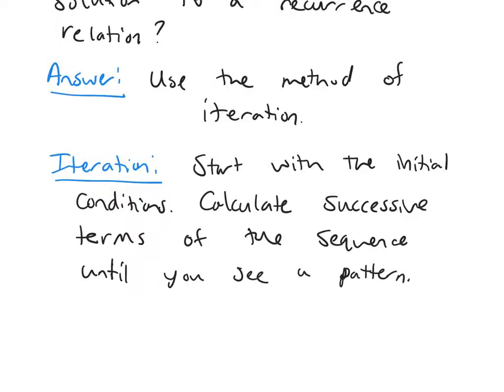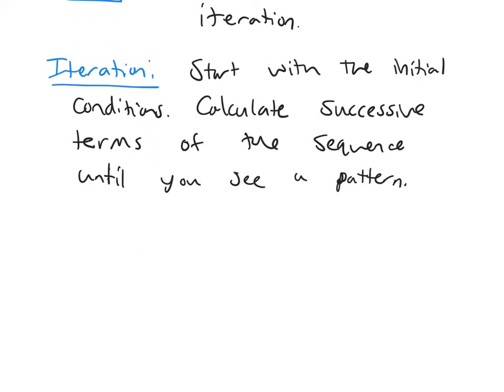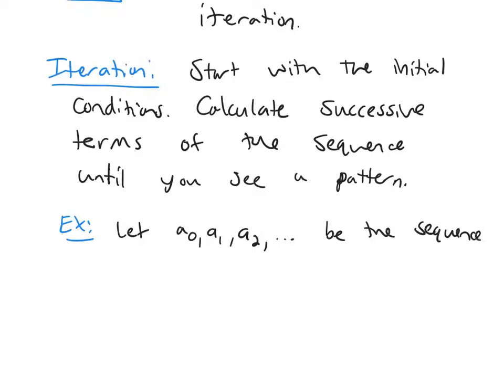So let's look at an example here. Let's say I'm looking at a sequence, a0, a1, a2, and so on, defined recursively as follows.